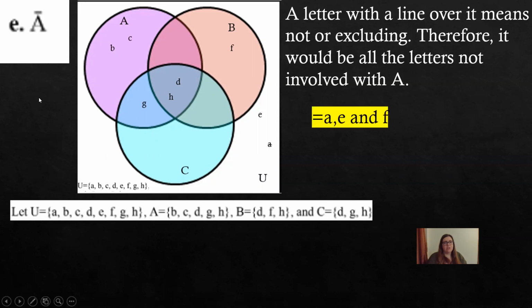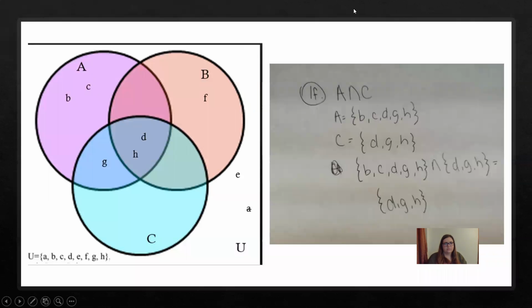Therefore, it would be all the letters not involved with A. So A contains B, C, D, G, and H. So it would be simply F and E. Oh, and A over here. A, E, and F. Okay, A and C. A and C both have D, G, and H. And you can see over here, D, G, and H.